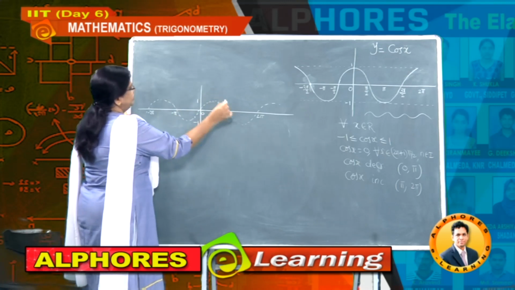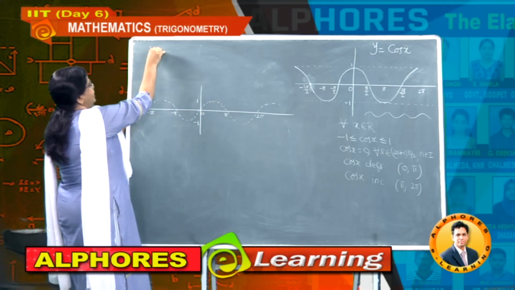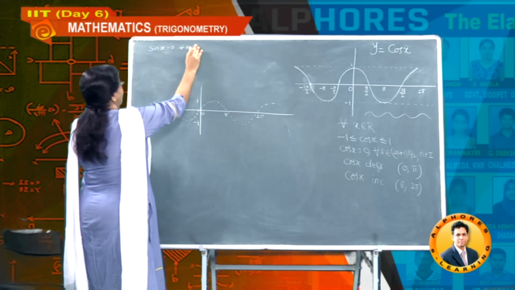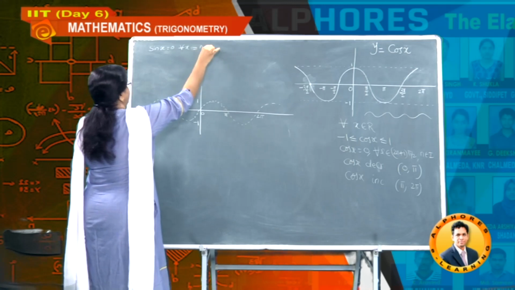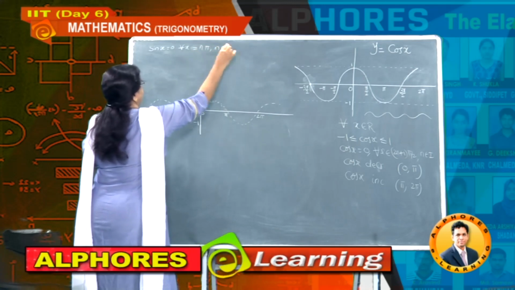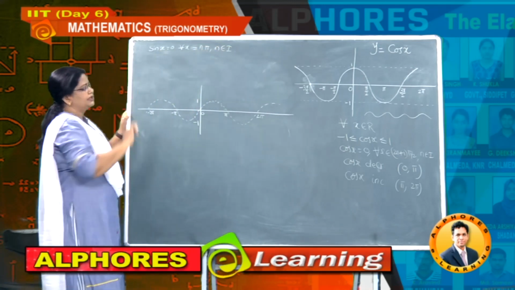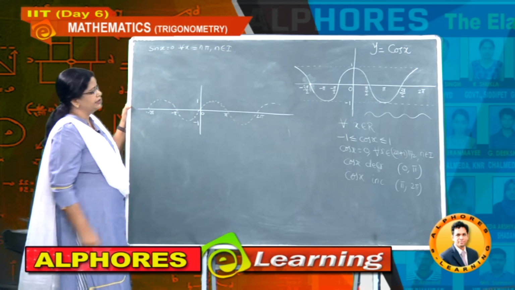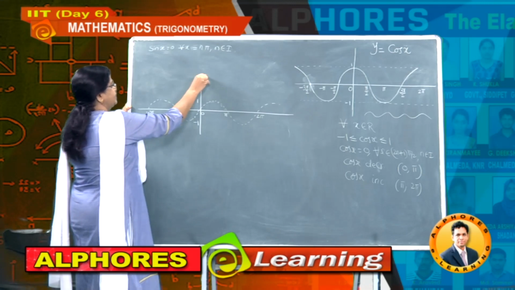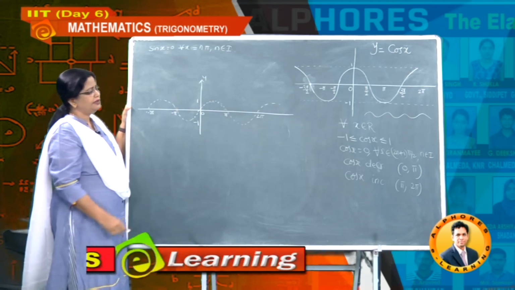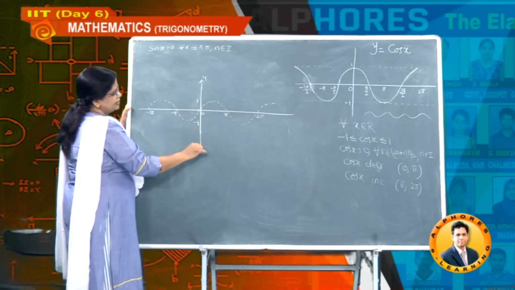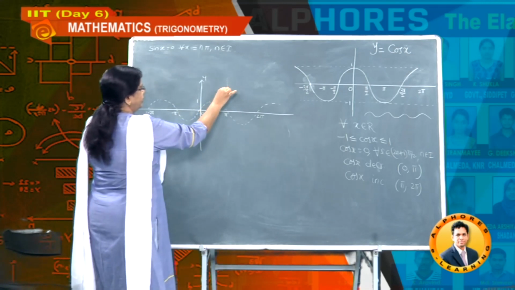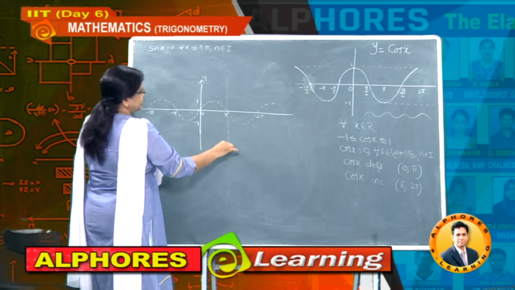Now we just observed where it is not defined: sin x is 0 for all x, or x equal to n pi, n is an integer. Wherever sin x is 0, draw lines parallel to the y axis. The y axis is already here for 0, and for pi I am drawing a line parallel to the y axis.